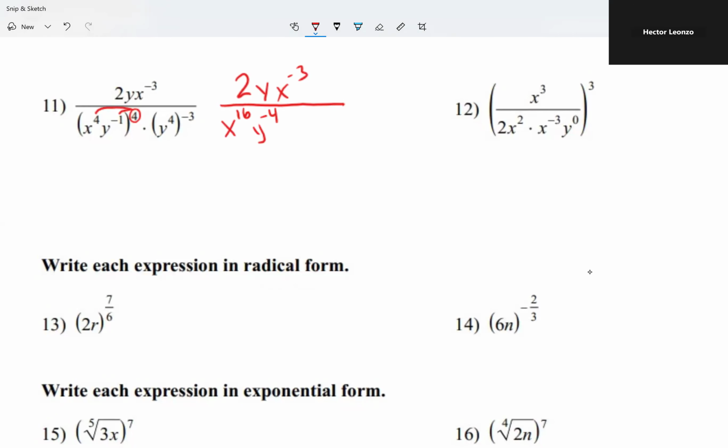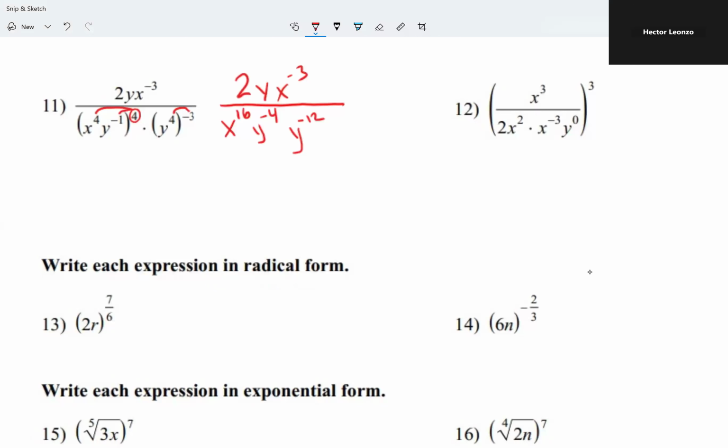That's from the first parentheses. Now on the second parentheses, the negative 3, I'm going to multiply with 4. That gives me y to the negative 12. Once again, all I was doing was getting rid of parentheses.